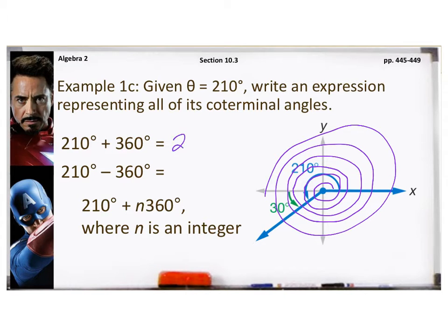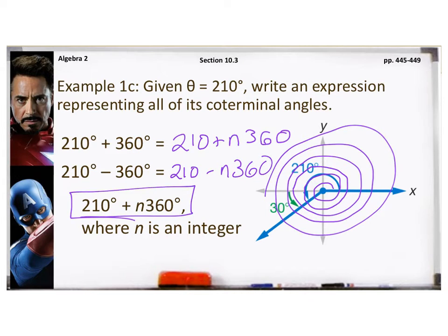So what this turns into is 210 degrees plus n times 360. To find the negative coterminal, it's the same, 210 minus n times 360. But if we state that n can be negative, we can make it just the general term right there. That's your standard form of how to find coterminal angles. Coterminal angles are very important.